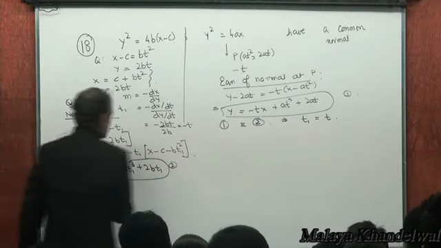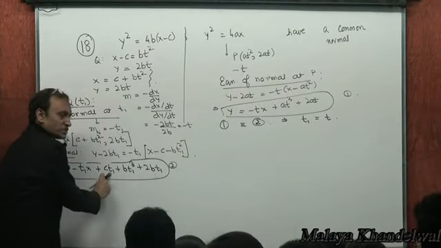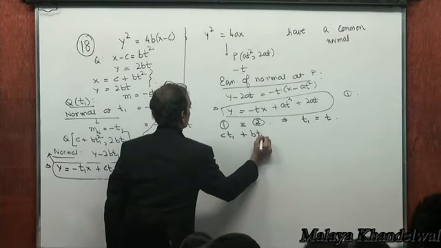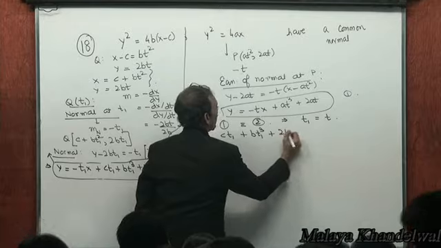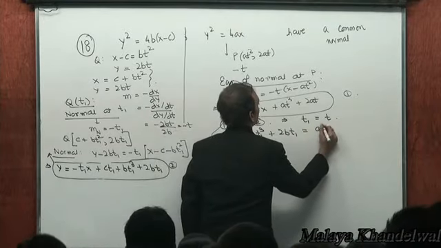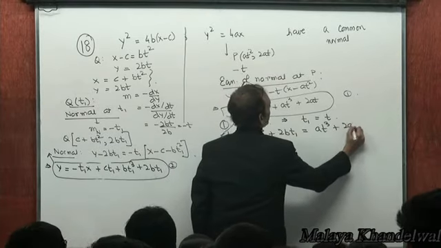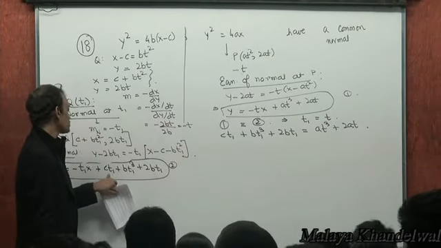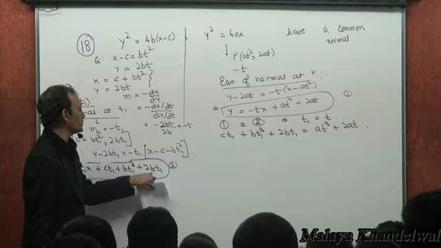And equating the constant terms, we get CT1 plus BT1 cubed plus 2BT1 equals AT cubed plus 2AT. The constant term here is CT1 plus BT1 cubed plus 2BT1.